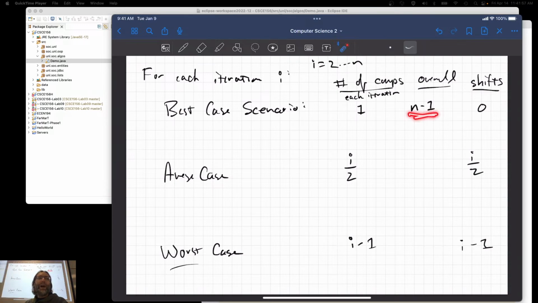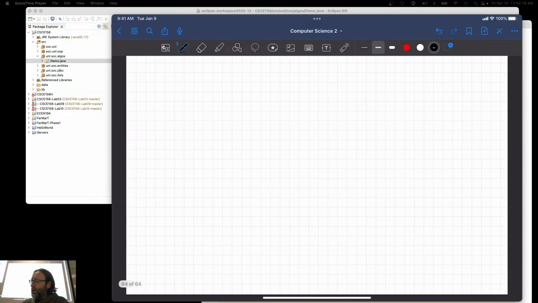Right. Can you assume that linear behavior, though? No. That's the best case scenario. Right. What about the average case scenario? You're doing I divided by 2, I divided by 2, plus I divided by 2. How many times? I running from 2 to n. So let's do that over here.